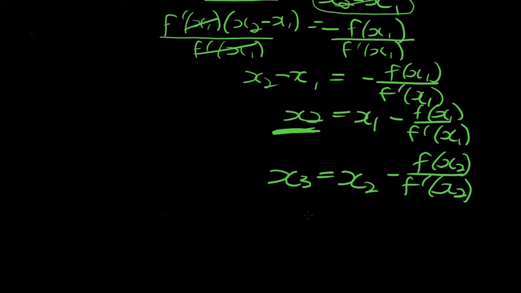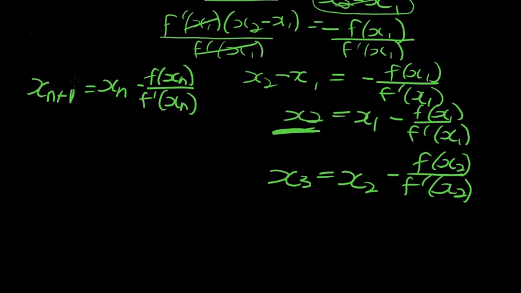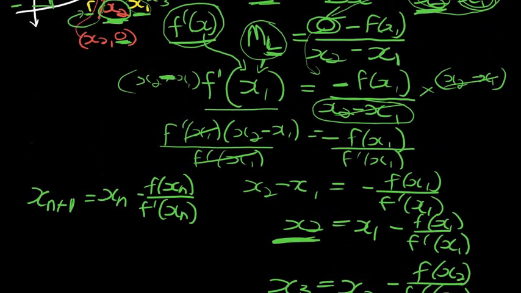So to get a general formula for Newton's method: to get the next approximation, you use the previous approximation minus the f at the previous approximation over the derivative at the previous approximation, and then you keep on doing this until you get closer and closer to the root.